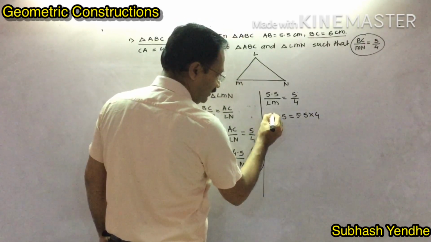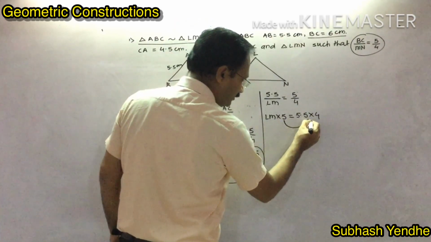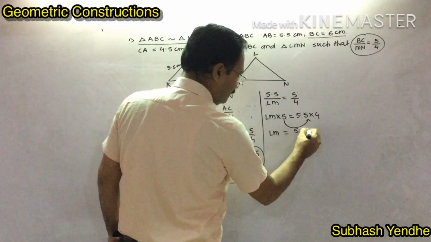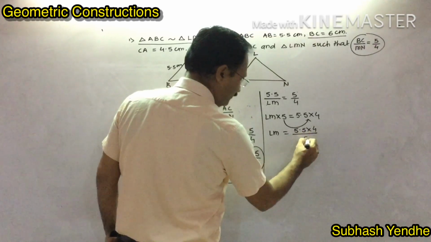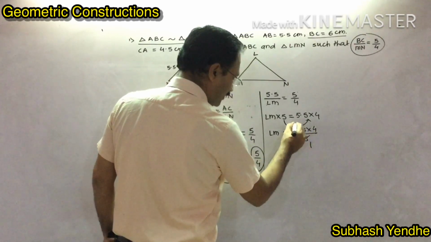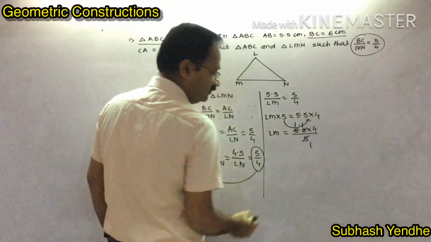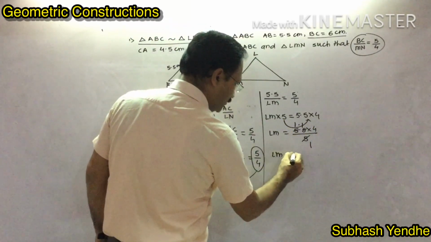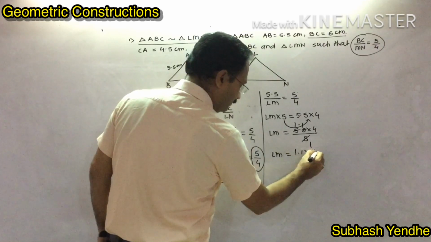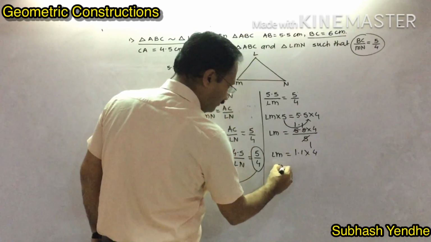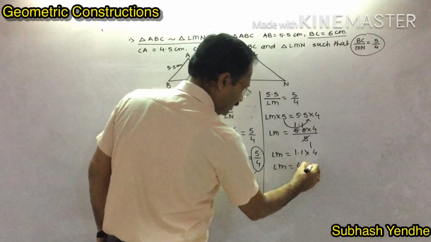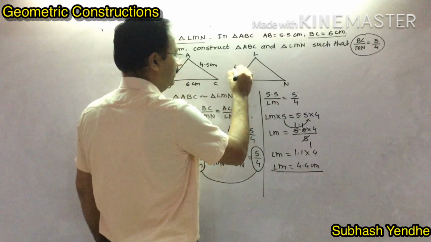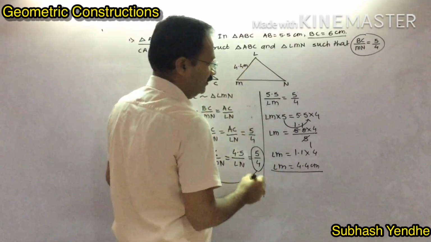Now 5 goes to the other side, so LM equals 5.5 multiplied by 4 divided by 5. The value is 1.1 here. So LM equals 1.1 multiplied by 4, so LM's value is 4.4 centimeter. I am going to write it here, 4.4 centimeter.